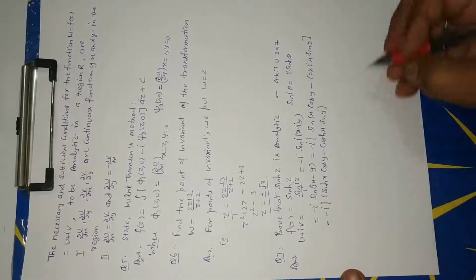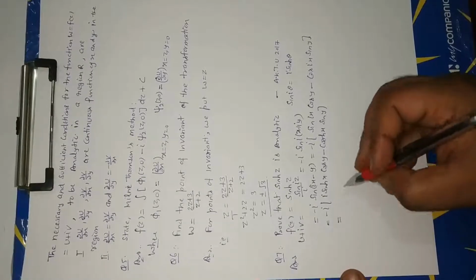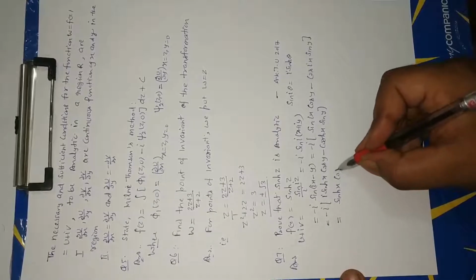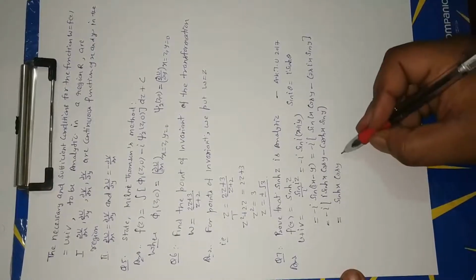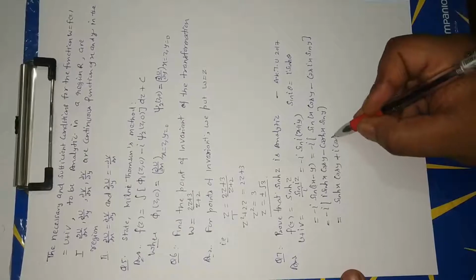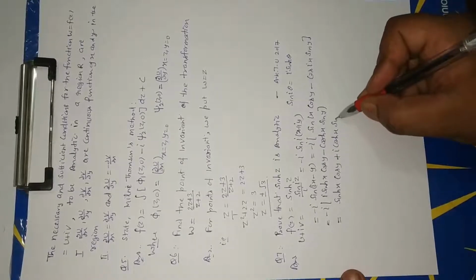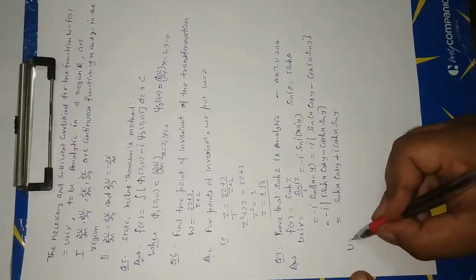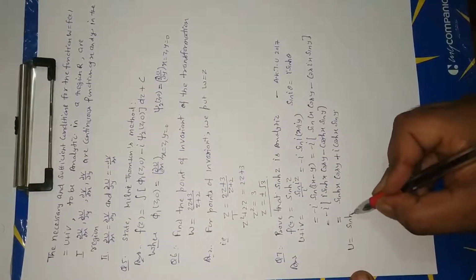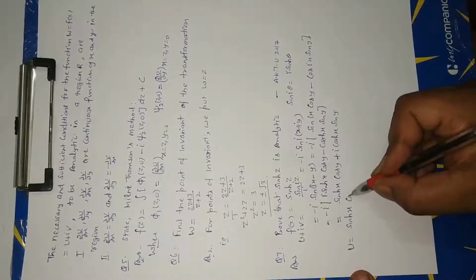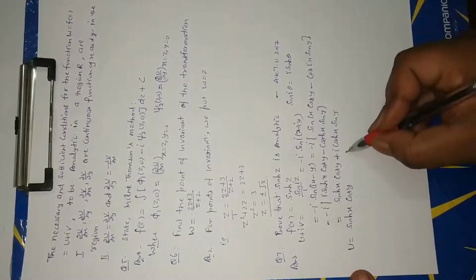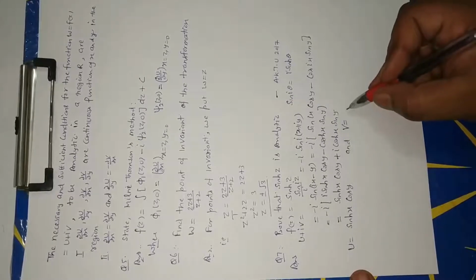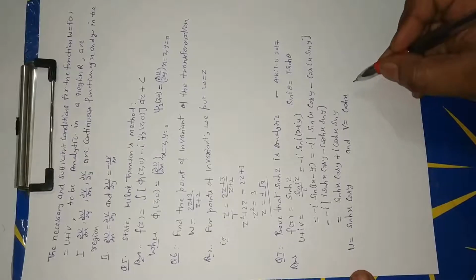Now multiplying, we get sinh x cos y + i cosh x sin y. Now comparing, we get u = sinh x cos y and imaginary part v = cosh x sin y.